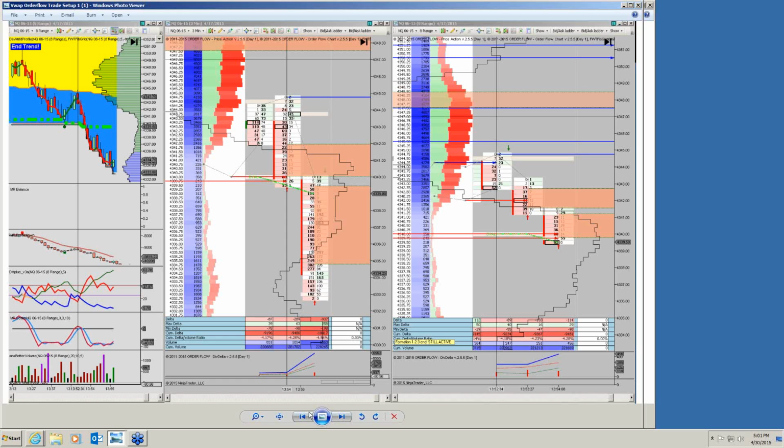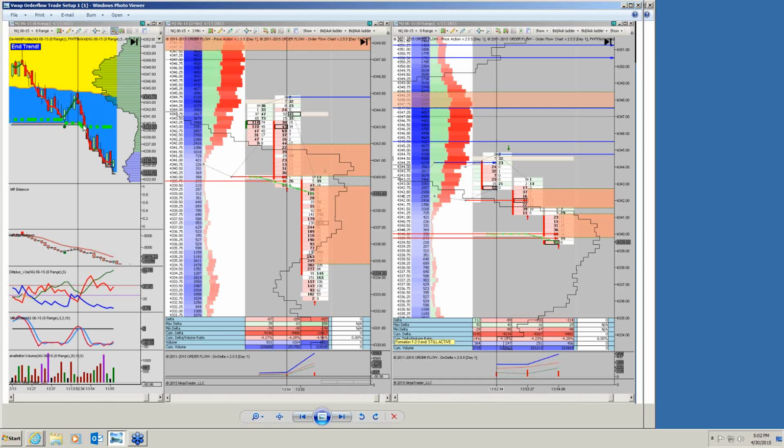Before I took the trade, I confirmed it with my delta on the 3-minute. You could use whatever you want here. Then I also confirmed it with a shorter term, the 8 range, and they're both negative. That's great. So the first target was the developing market profile.